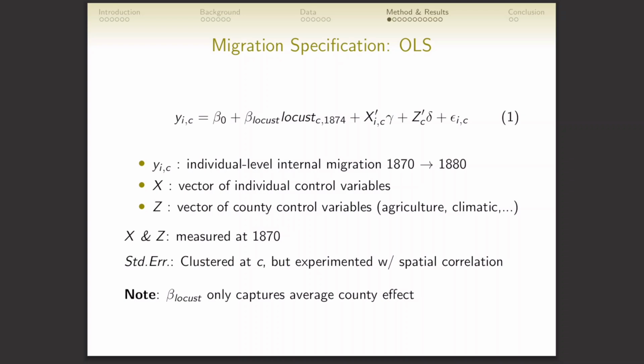But that's always a problem if you're using these 10 year migration data. The only thing you'd be worried about is if that's somehow correlated with whether an area is affected or not. The pre-event migration, not return migration, we just can't say anything about here. And we put in the vector of individual and all these county controls, agricultural, climatic, and geographic, to control for. And I'll show you the regression in a second. Now the main thing is because this is individual level data, we don't know if the individual is affected. So this is going to capture the average county effect of the locust plague here.